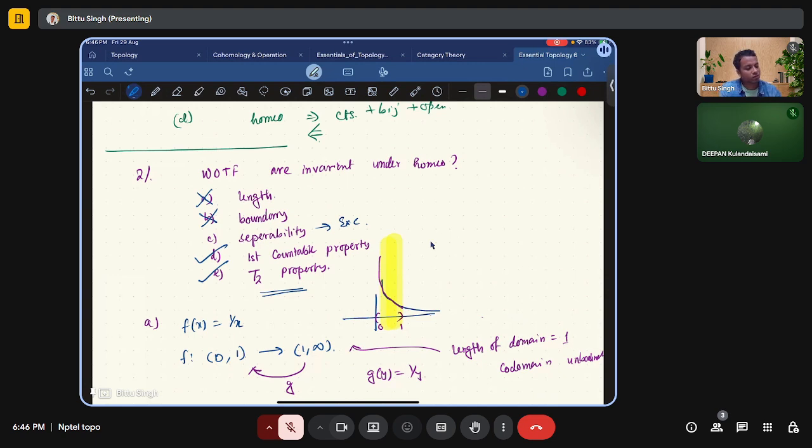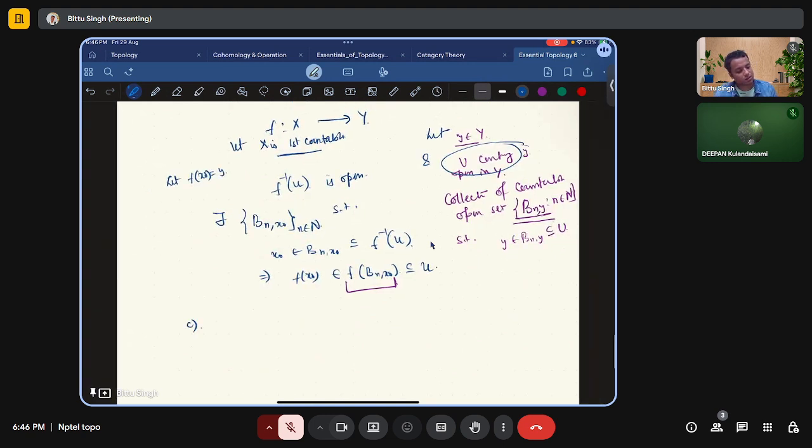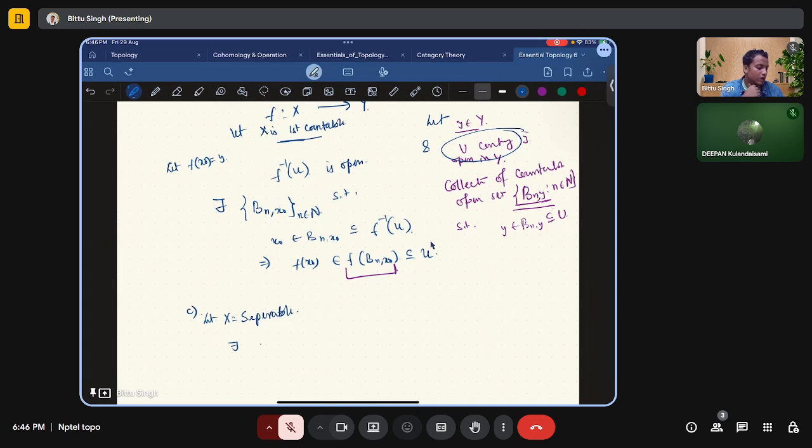So what does separability mean? Separability means there exists some countable dense set, right? Let X be a separable topological space. Then there exists a countable set {x_n}, n belongs to N, denoted by S, such that the closure of S will be X, right?